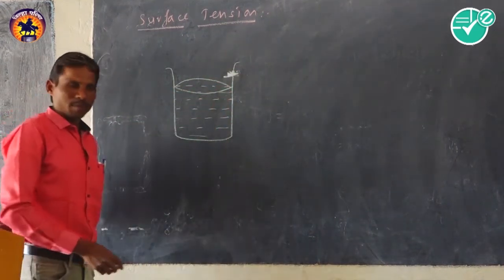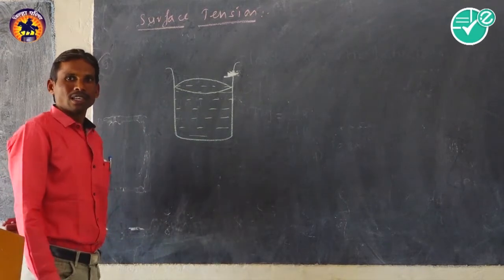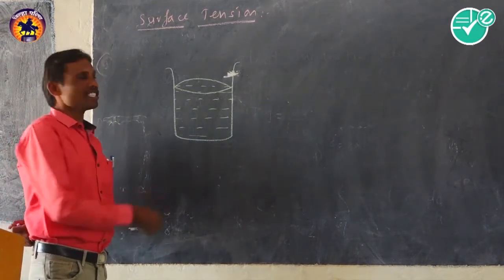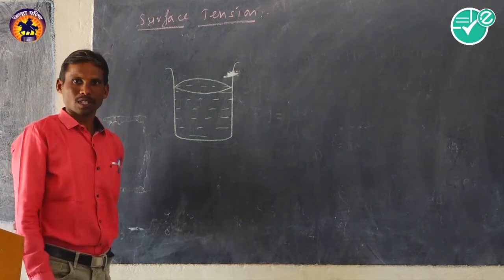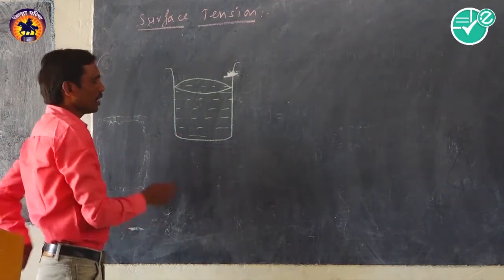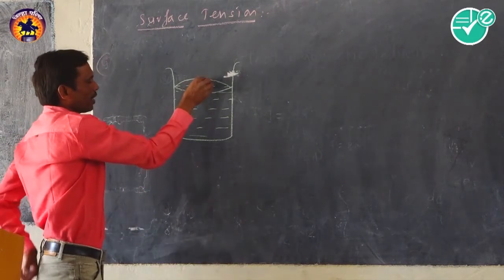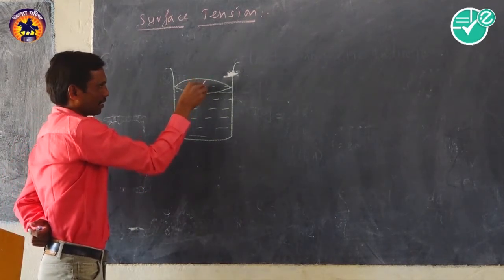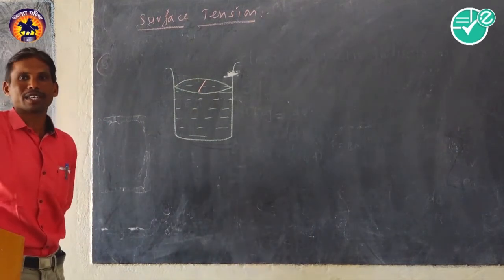The force due to surface tension is always tangential to the free surface of the liquid. But to understand this definition mathematically, consider an imaginary line drawn on the free surface of the liquid.